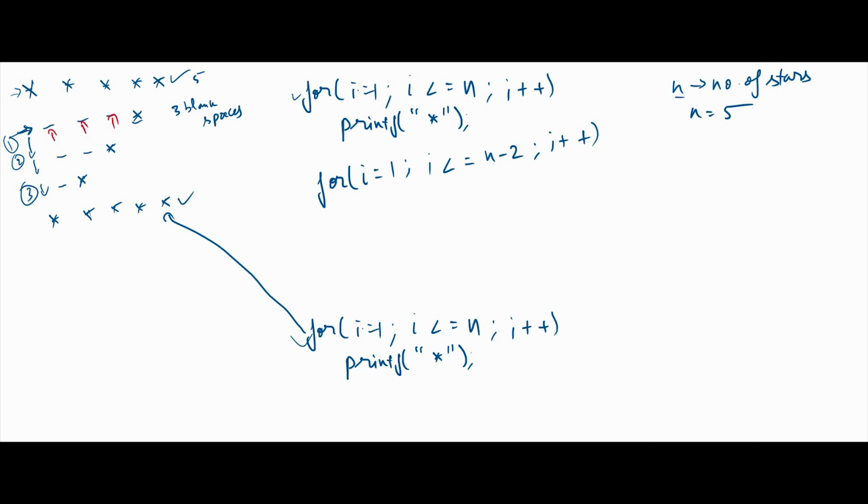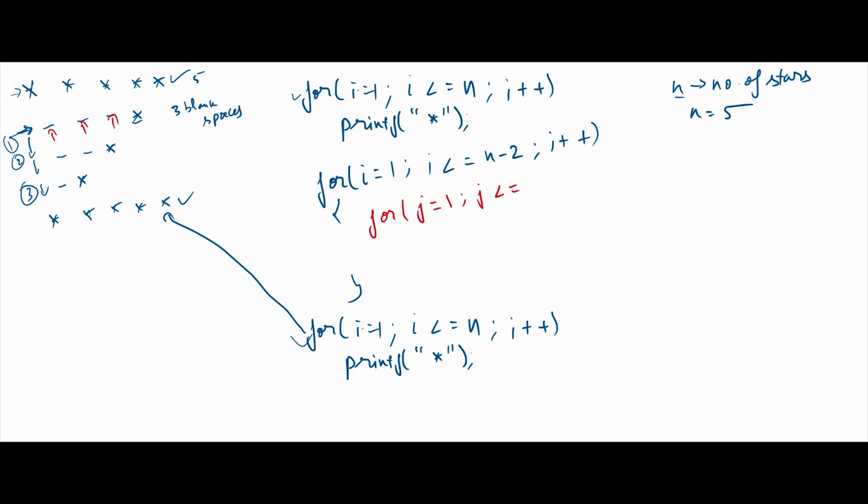Now, to move across the level, I need to write one more loop, so for j equals 1 till j less than or equal to something. At the second level, there are 3 blank spaces and 1 star.